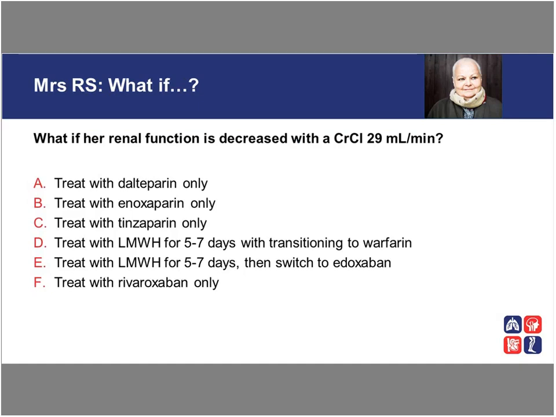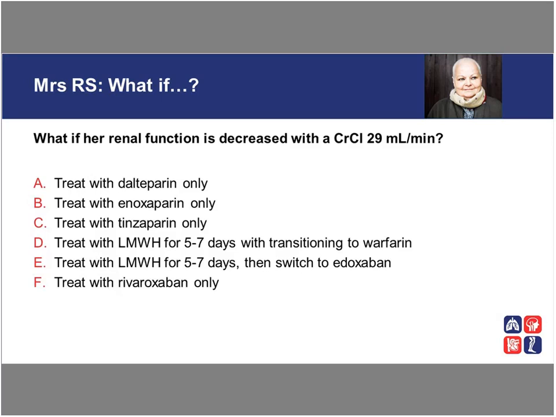All the different anticoagulants do depend on renal clearance to some degree, others more. So the direct oral anticoagulants, as you know, are quite dependent on creatinine clearance, on renal elimination, having a clearance through the renal system.